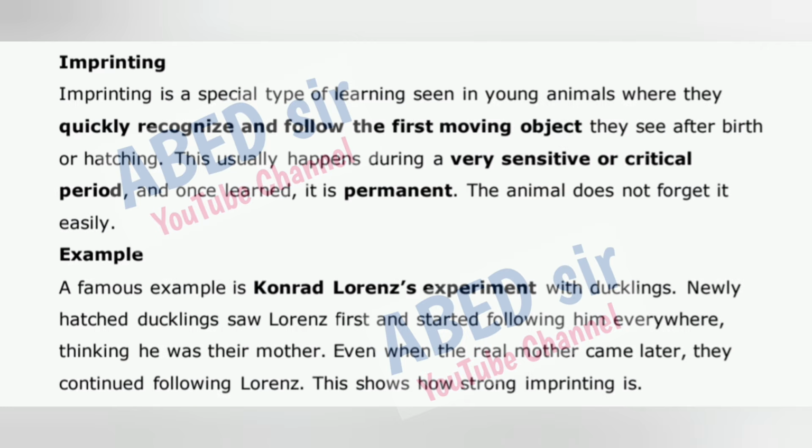The animal does not forget it easily. A famous example is Konrad Lorenz's experiment with ducklings. Newly hatched ducklings saw Lorenz first and started following him everywhere, thinking he was their mother. Even when the real mother came later, they continued following Lorenz. This shows how strong imprinting is.